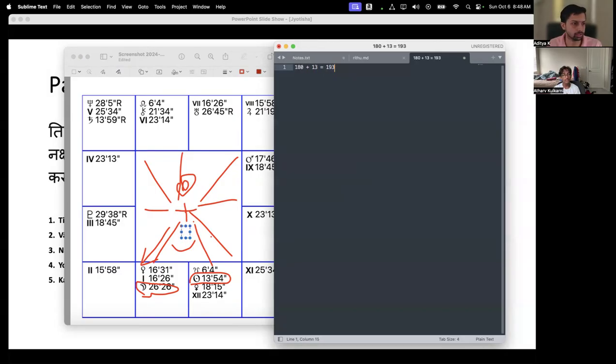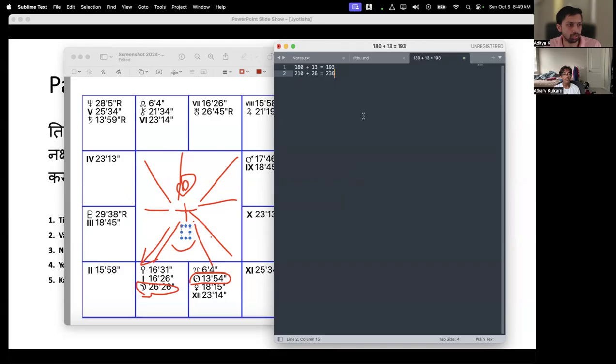So 180 plus 13 is 193 degrees. And the moon is in the 7th, so 7 into 30 is 210, plus 26 gives 236. So basically Tithi is the difference between these two.